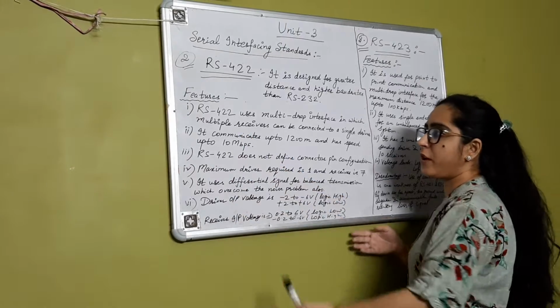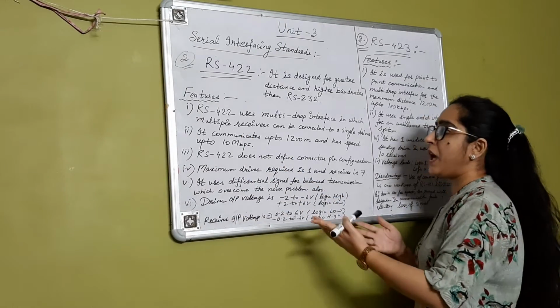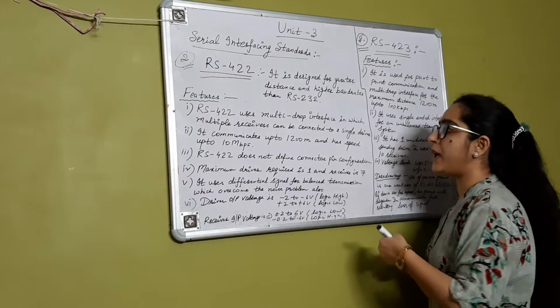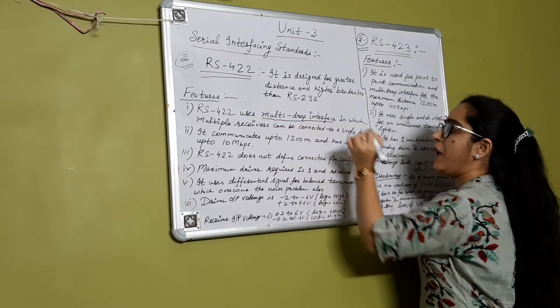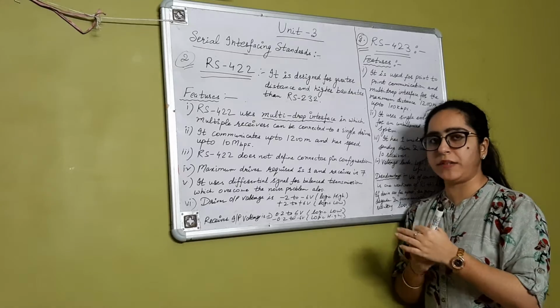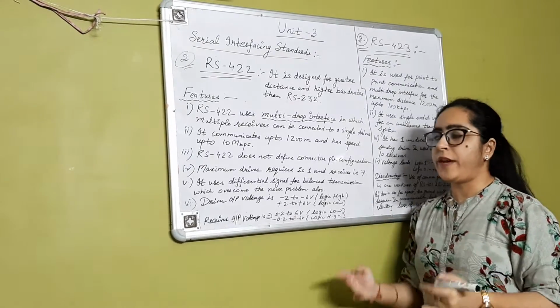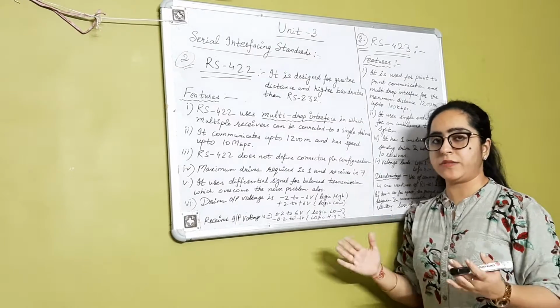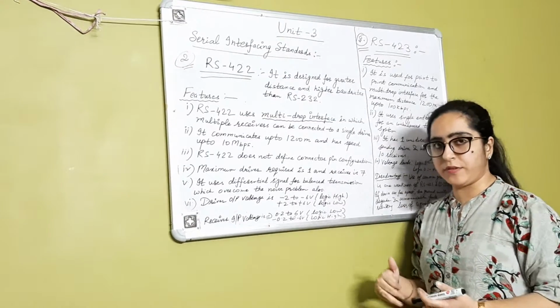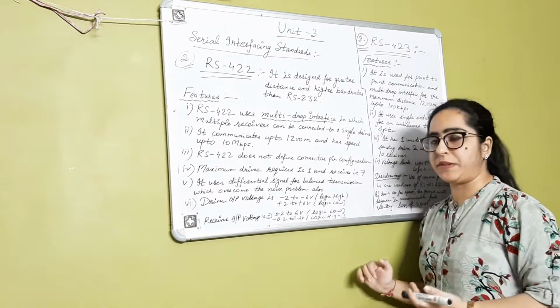The features of RS-422 are: RS-422 uses a multi-drop interface. What is a multi-drop interface? It is where information from one transmitter can be received by multiple receivers.